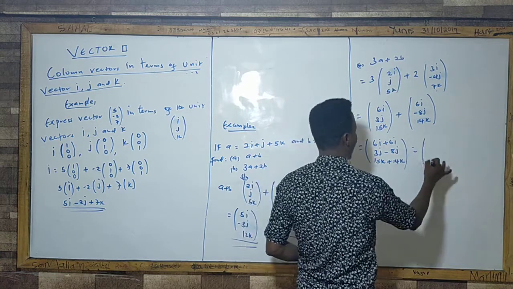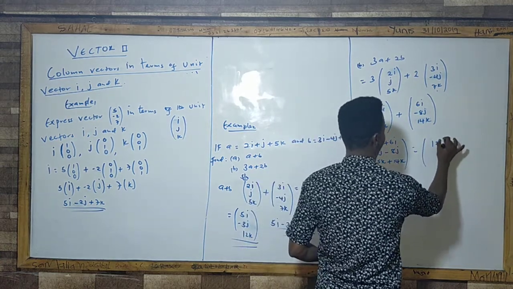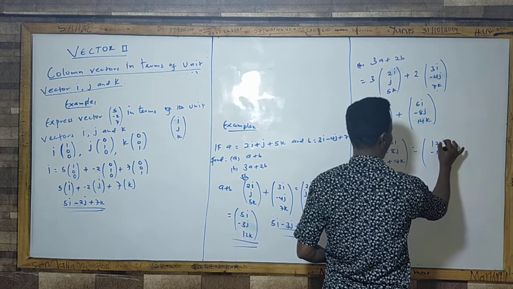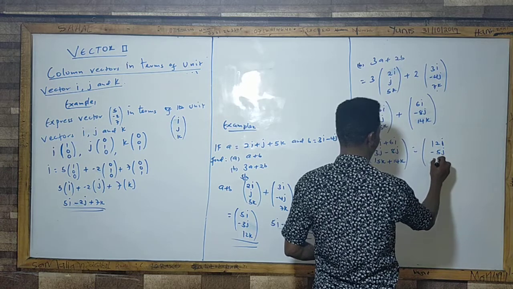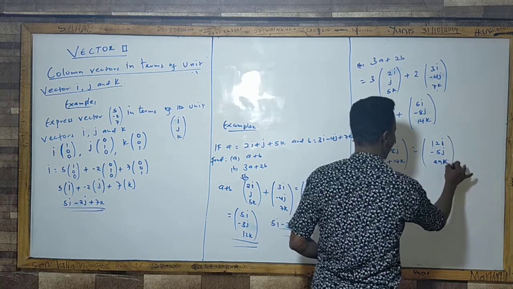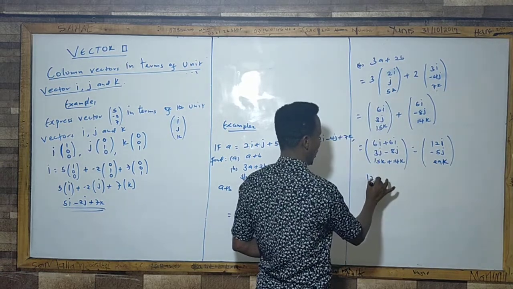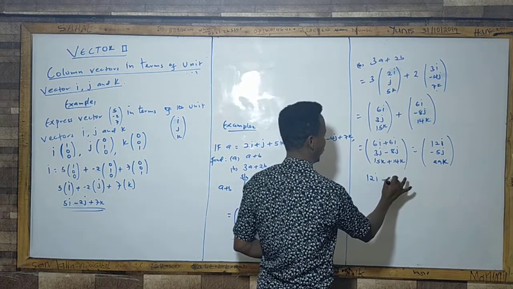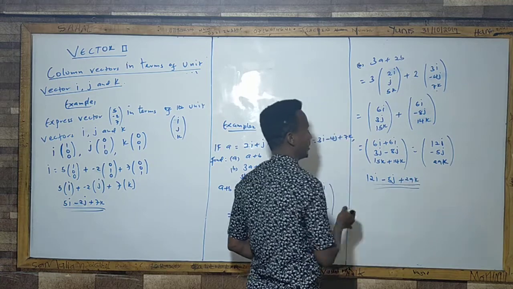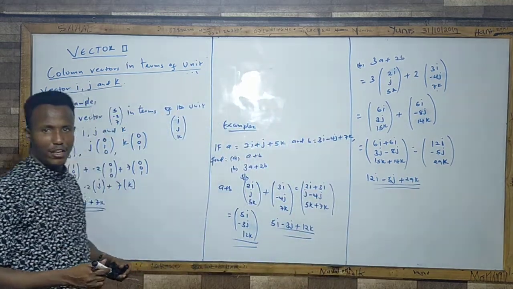So this will give us finally 12i minus 5j plus 29k. This is in column. Or you can write 12i minus 5j plus 29k as the final answer.